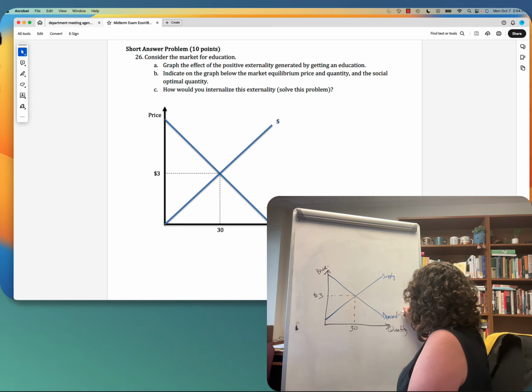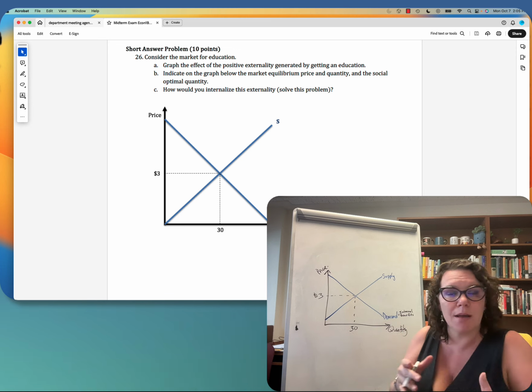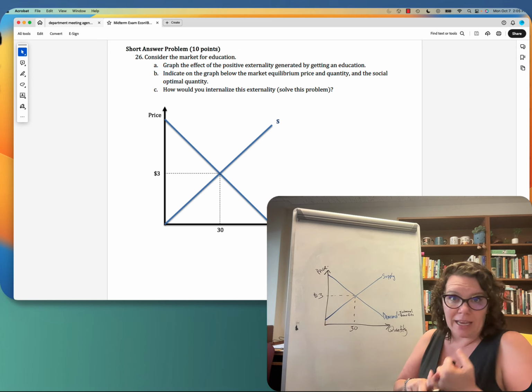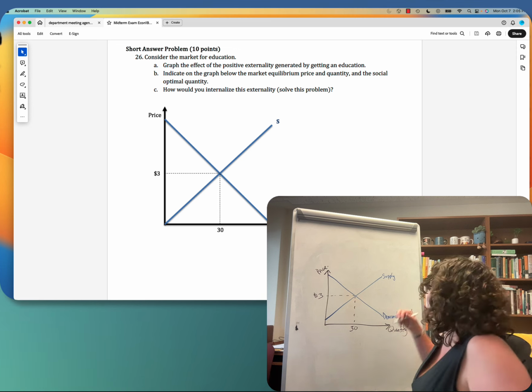So demand is going to represent those internal or private benefits. And that's why we buy things, because it gives us some private benefit. Whether it's gasoline or education, we're consuming it because of the benefit it gives us.